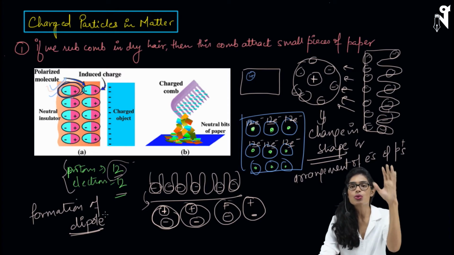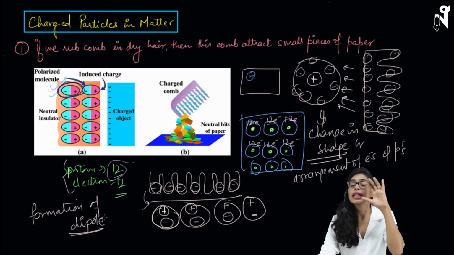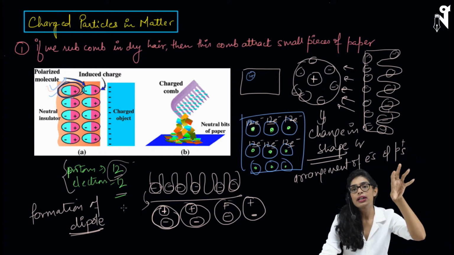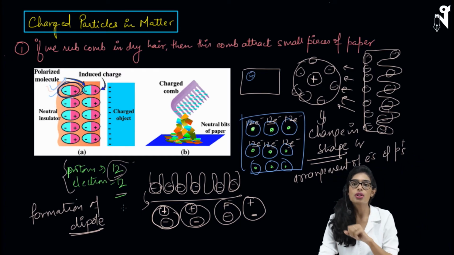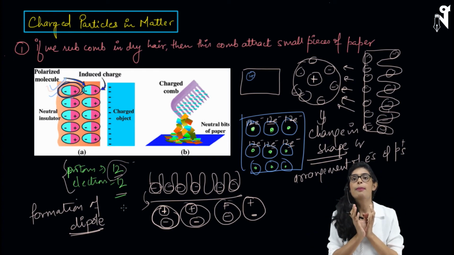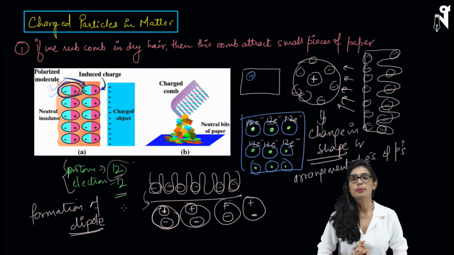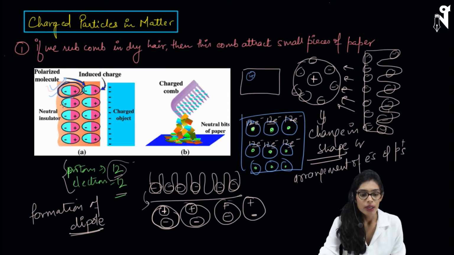So the atom which was overall neutral throughout can distort itself to accumulate all the negative charge in one area and positive charge in another area and distort its shape a bit, and that is called a dipole. Here this dipole has got generated. I hope you can see why I have written polarized molecule.